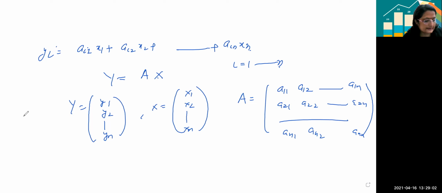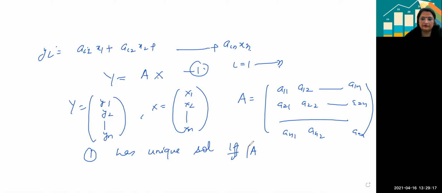Now from the matrix theory, we know that this whole system number 1 has a unique solution if determinant of A is not equal to 0, right?